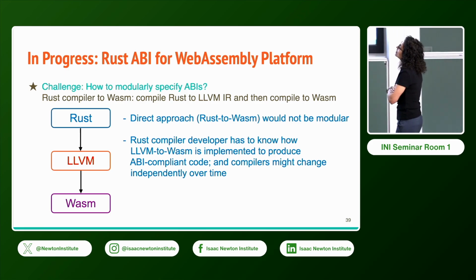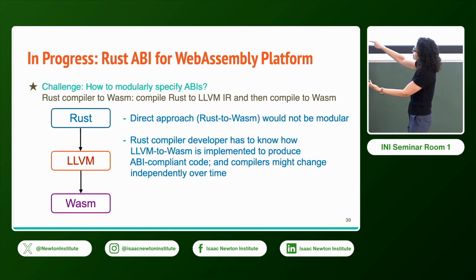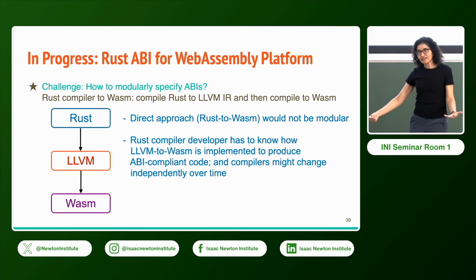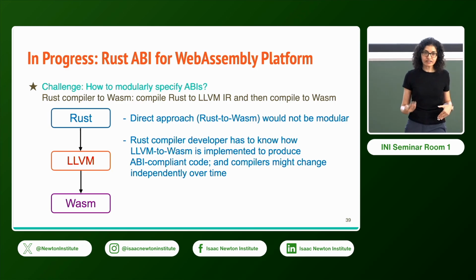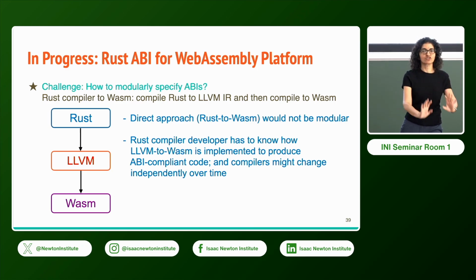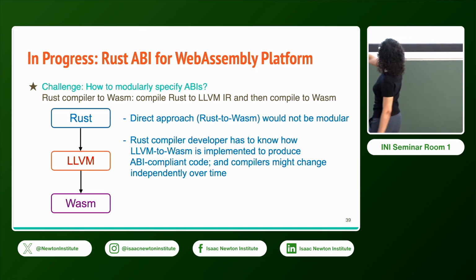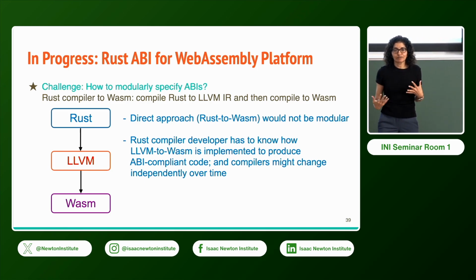So if the world looks like that, the compiler goes from Rust to LLVM and LLVM to WASM. How do I construct an ABI for Rust for the WASM platform? I could take the direct approach and say, okay, I don't care about what's in the middle. I'm just going to construct a model that tells you what the WASM layout is going to be. But that wouldn't be very modular.